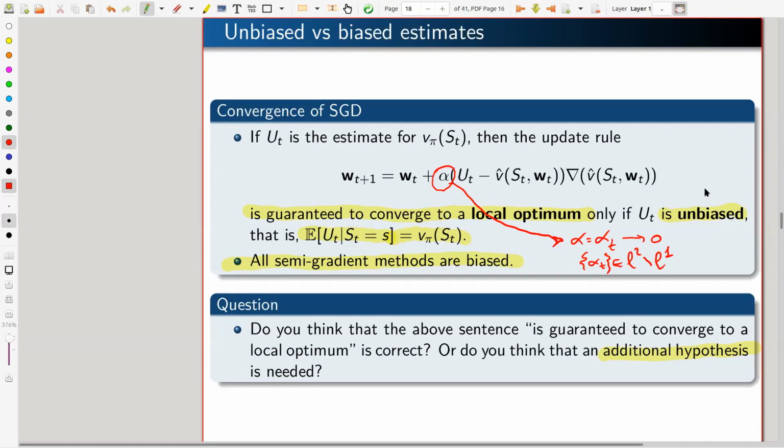I don't remember if I told you, these are called the Robbins-Monro hypotheses. Robbins and Monro are the guys who started this stochastic approximation theory. And more or less, whenever you ask for a stochastic algorithm to converge, you have similar conditions somewhere. These are the minimal requirements for an algorithm to converge.